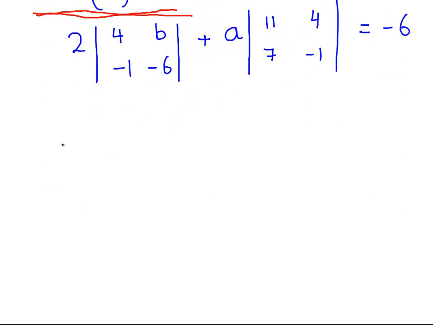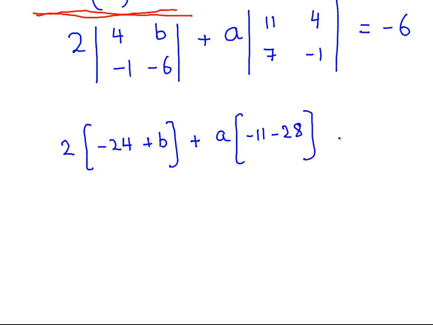So 2 times 4 times minus 6, that's minus 24. Minus 1 times B, that's plus B. Plus A times 11 minus 1, that's minus 11. Minus 7 times 4, that's minus 28. That's equal to minus 6.